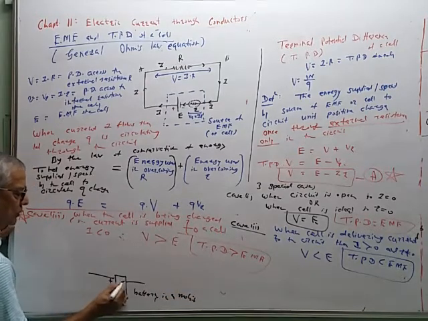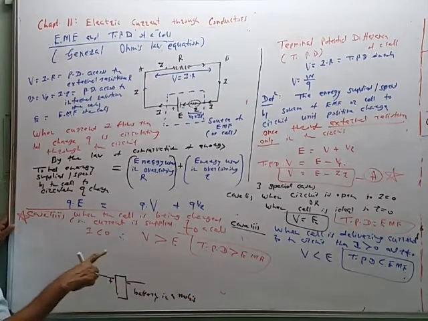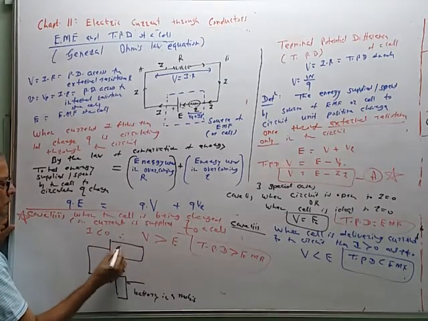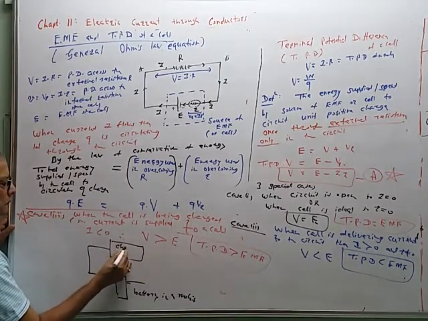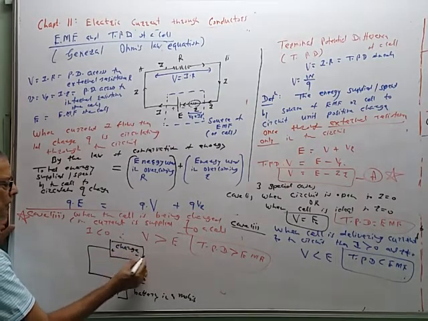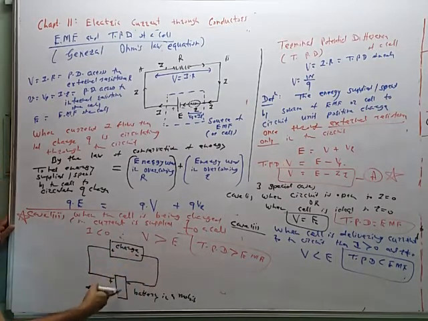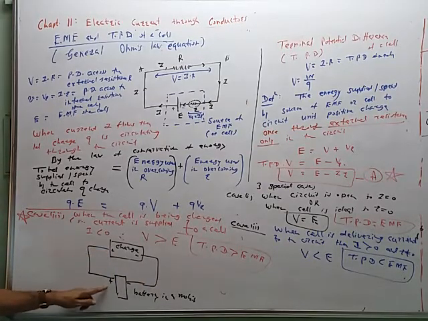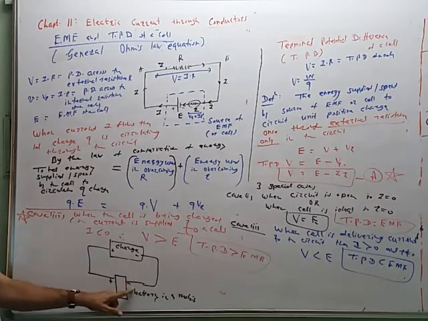This is the positive, this is the negative, and we have to charge this battery. So we are using the charger circuit. So it has positive, negative. So this charger circuit is connected like this. Positive of the charger is connected to the positive of the battery in the mobile. Negative is connected to the negative.